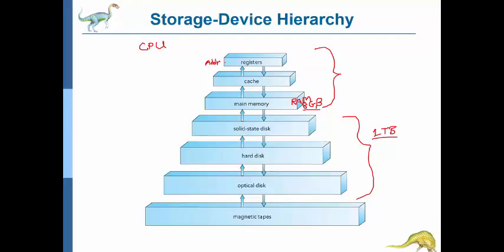If I want to compute A plus B, A comes into one register, B comes into another register, and then the CPU takes A and B and puts the result into another register C. All the computation is done based on registers, physical addresses that are well understood by the CPU. The CPU simply says, move this to that register, put another value in another register, and so on. All machine-level manipulation is based upon registers.